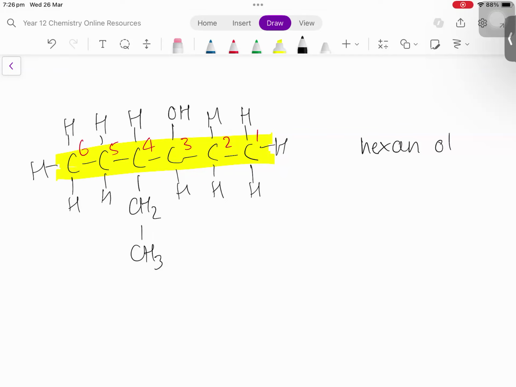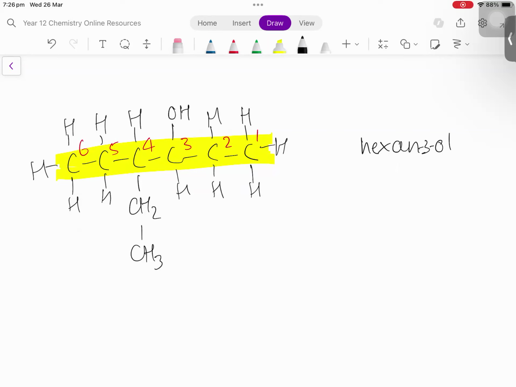And what carbon is my OH functional group bonded to in my chain of 6? Have a look at the numbering again. 3, hexane 3-ol. If you numbered left to right, yes, it would be 4, but we said we'd do it right to left so that it would get the smaller number, 3.